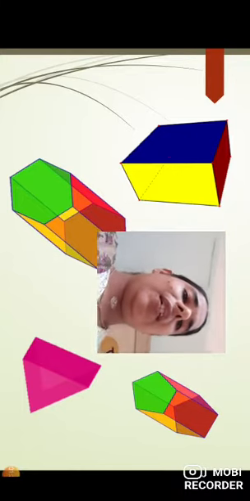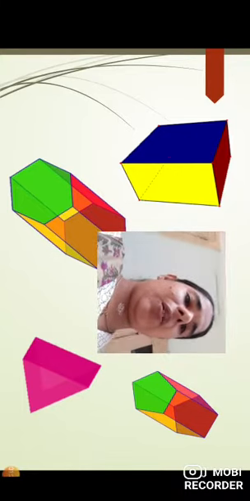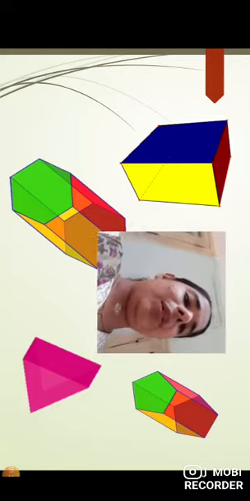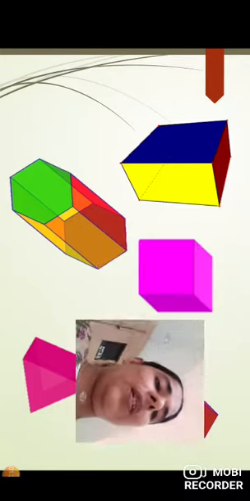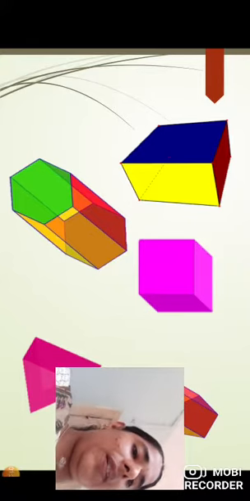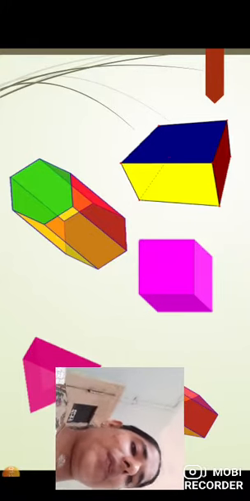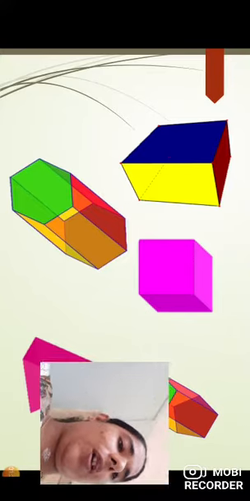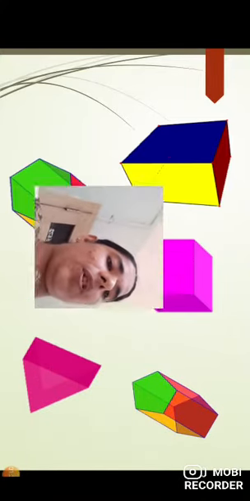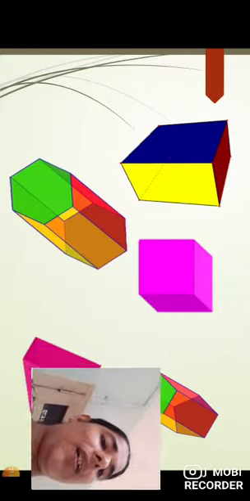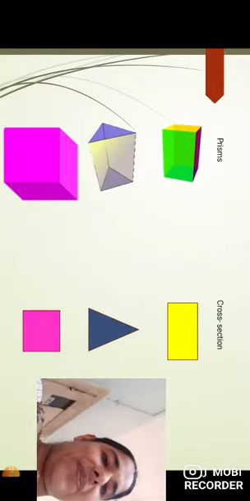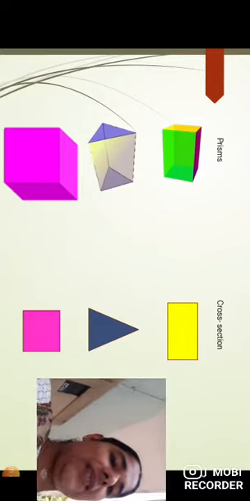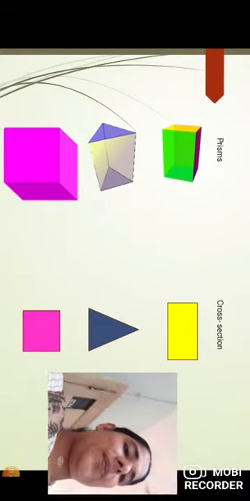So it is a three-dimensional object with both ends having the same shape. What about here? Its base is a square. What about the third? Its base is a pentagon. Here the base is a hexagon. Here the base is a triangle.